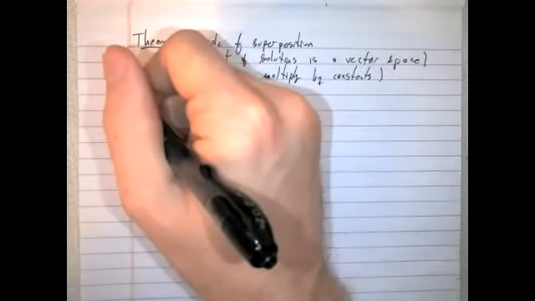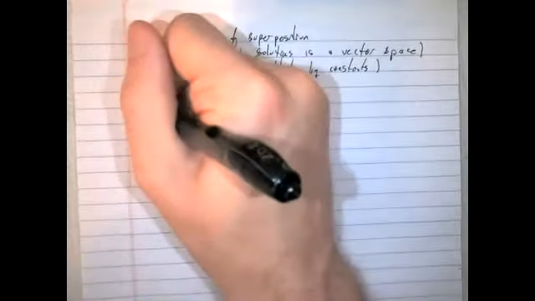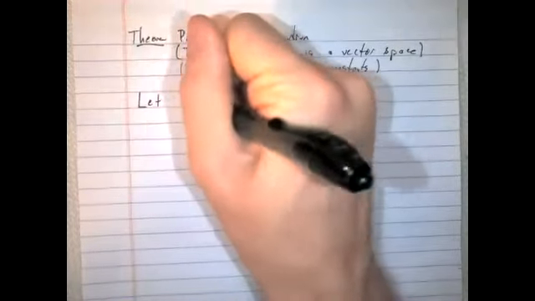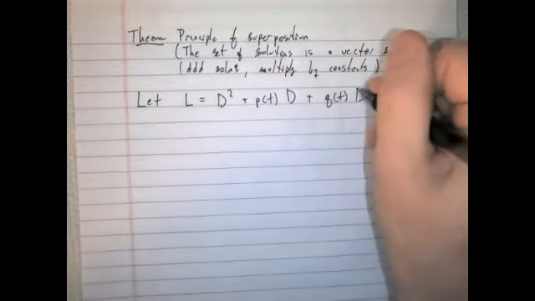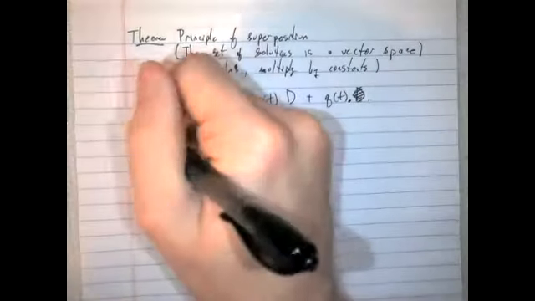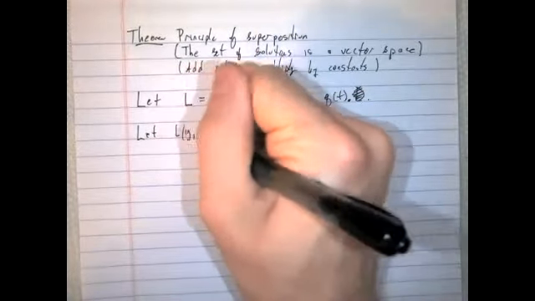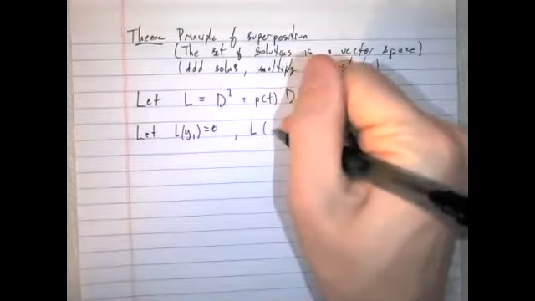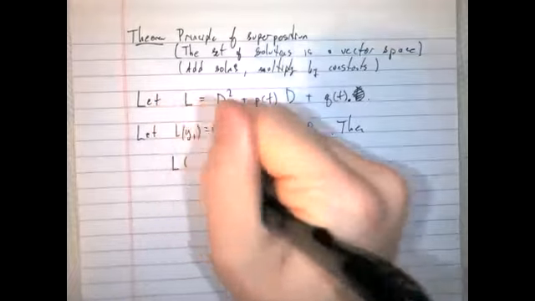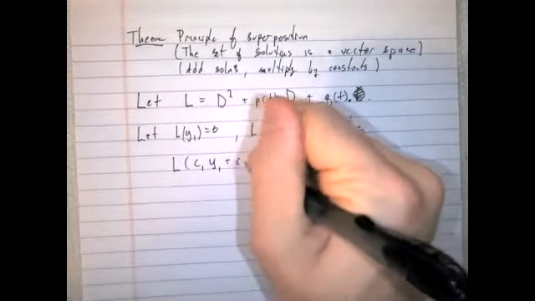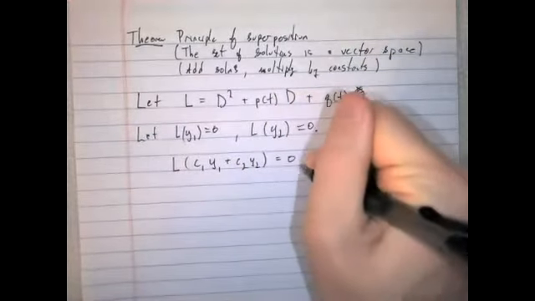So this is one that I think all of you can quite easily prove. So let L be equal to d squared plus p of t d plus q of t. Let L of y1 be equal to 0, and let L of y2 be equal to 0. Then L of c1 y1 plus c2 y2 is equal to 0.